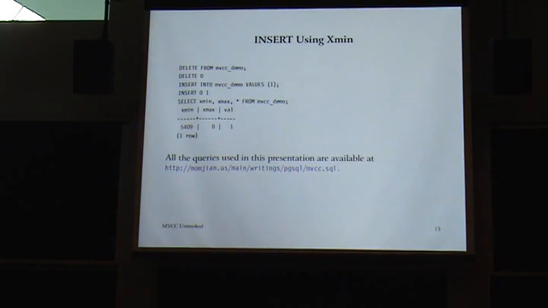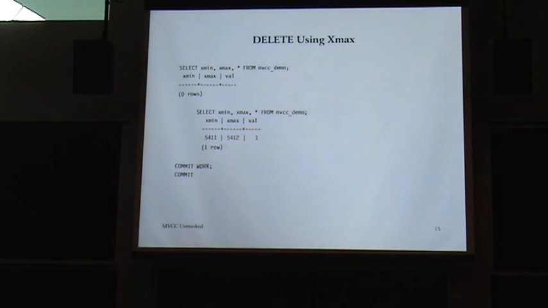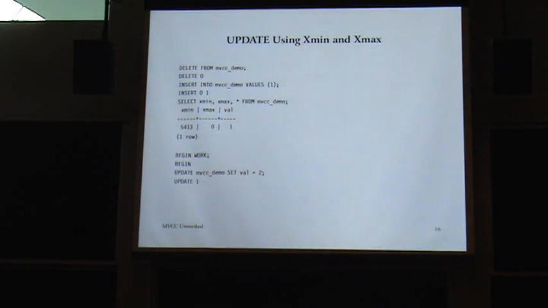Effectively, here is an example where we've done an insert and we've actually assigned an xmin or a creation ID for that. Okay. Here's a delete. You can see the deletion right here of the xmax, indicating that row is deleted.